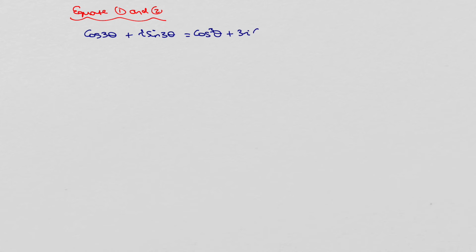So we're now going to take those two equations and equate them because they both represent the same thing. So equating 1 and 2 for (cos theta + i sine theta) cubed, what that gives me is cos 3 theta plus i sine 3 theta equals cos cubed theta plus 3i cos squared theta sine theta minus 3 cos theta sine squared theta minus i sine cubed theta.